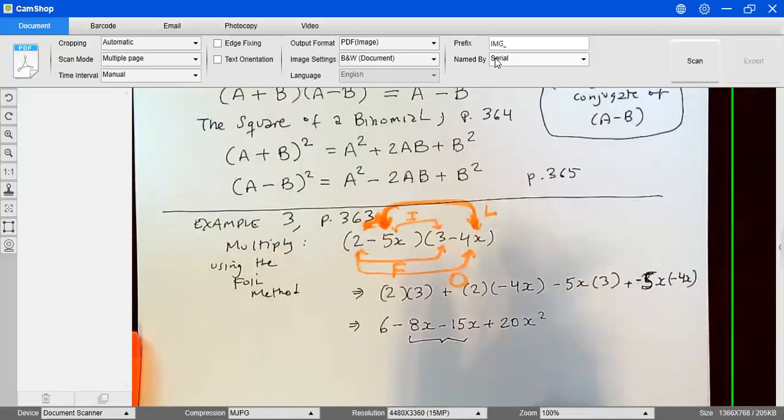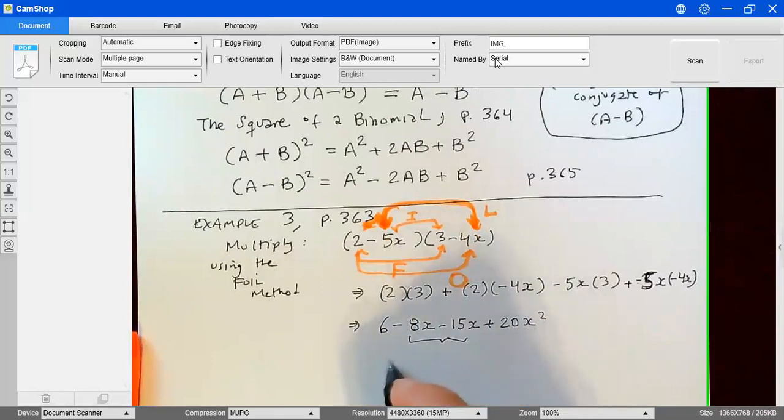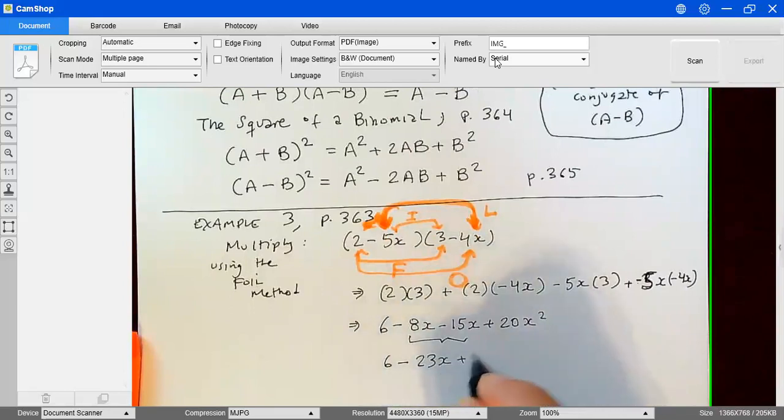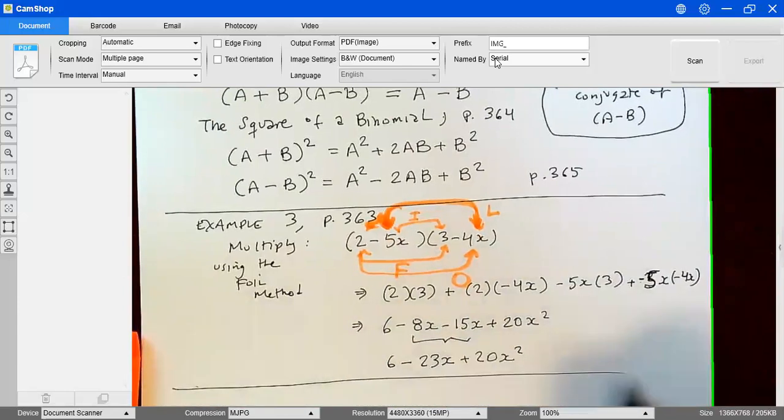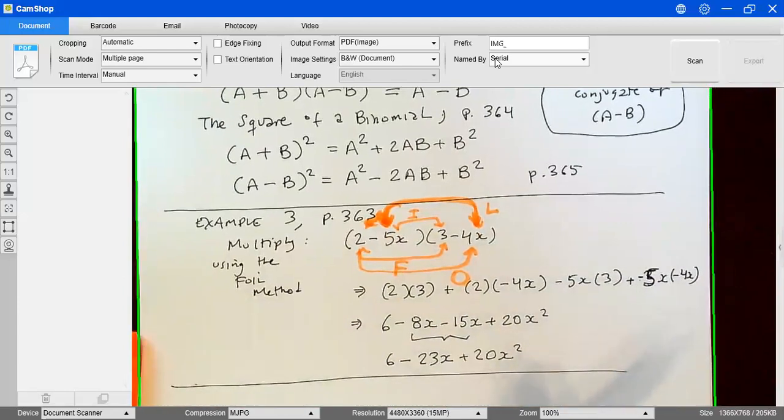We have two terms that are alike. So it's going to be 6 minus 23x plus 20x squared. So this is the FOIL method. Maybe I showed the FOIL method in a very messy way because I don't use the method, but you understand the idea.